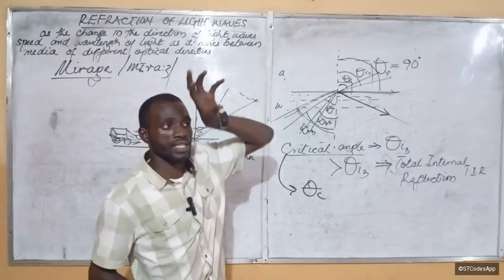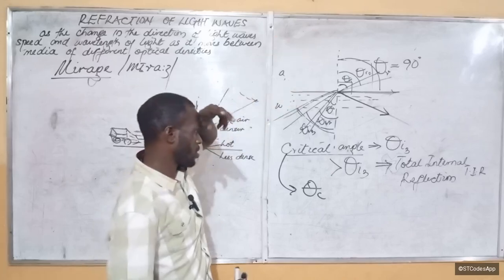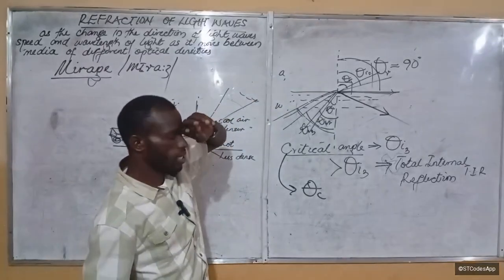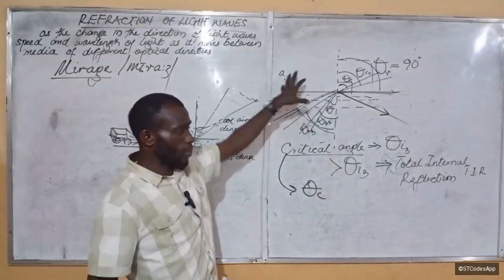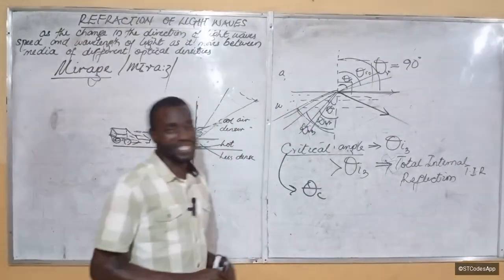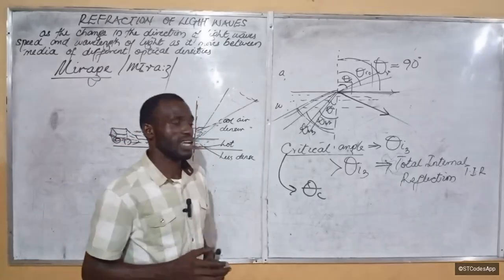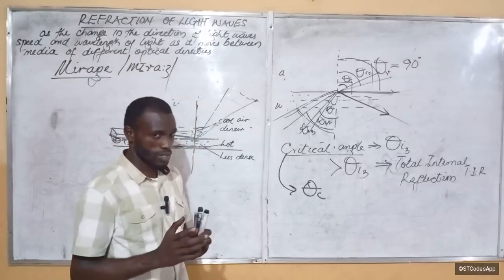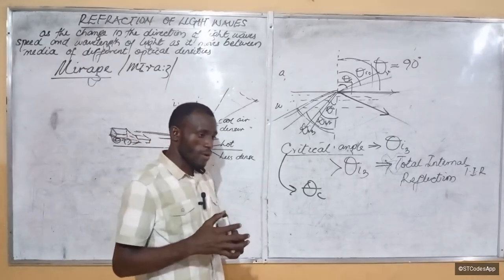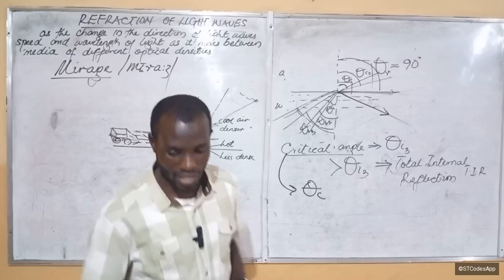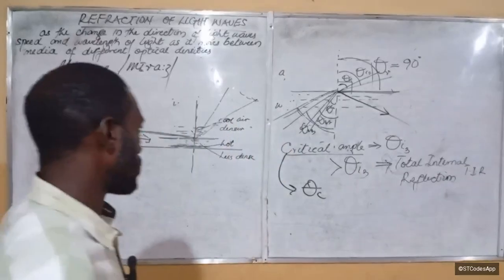In submarines, they use it to see above obstacles. But we're not getting to the uses today, because in this video I also want to show you some of what I showed you yesterday in reflection, about image formation. But God will help us, because there's something I remember now that I'm supposed to talk about.